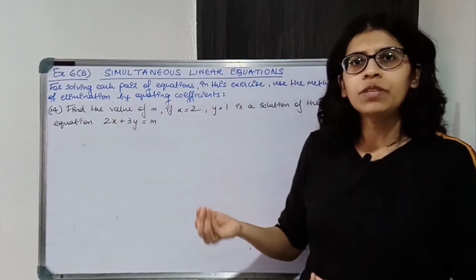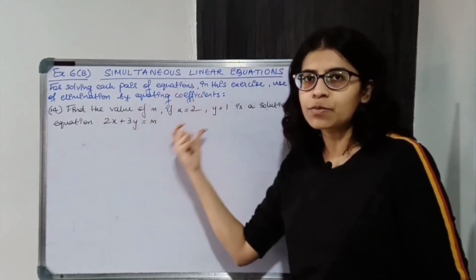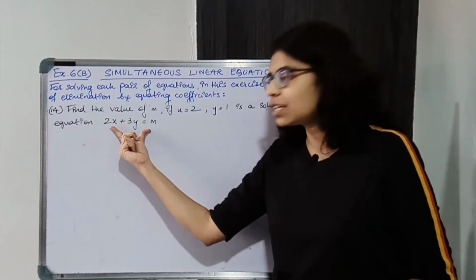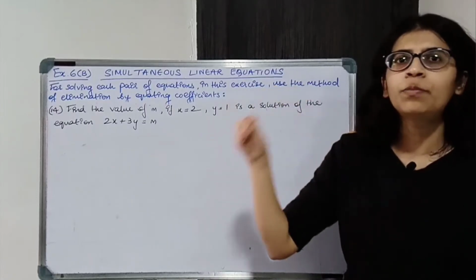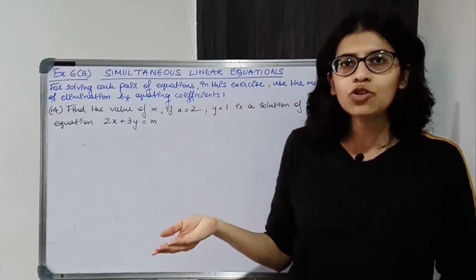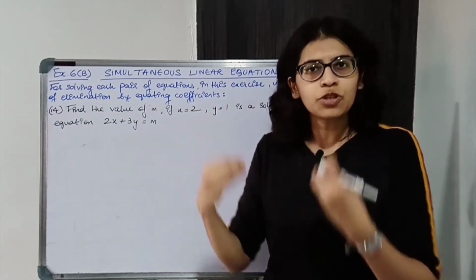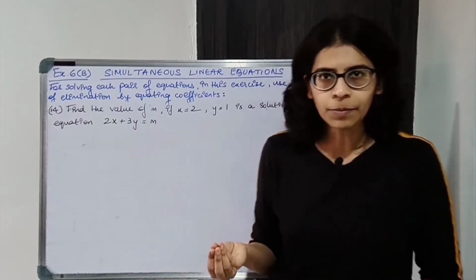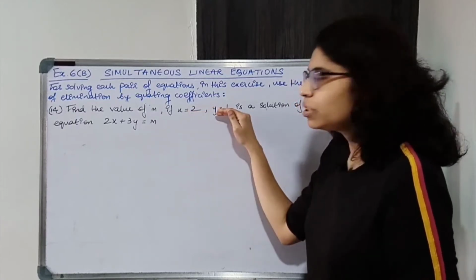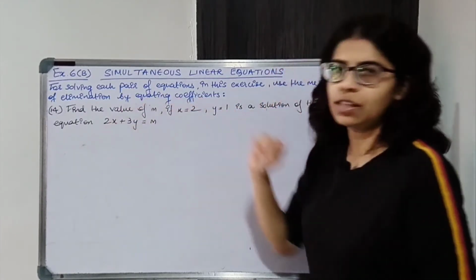It is a solution means it satisfies the equation. You can substitute the value of x and y in this equation. Okay, so whenever you're told that some particular value is a solution of the equation, it means when you substitute that value, it is satisfying the equation. Okay, so we can substitute the value of x and y in this equation.